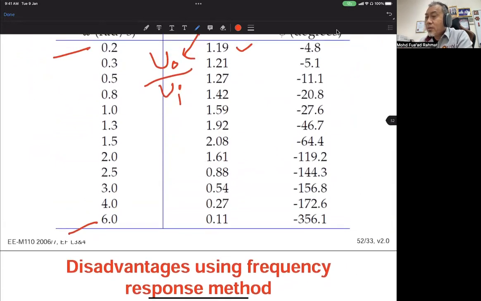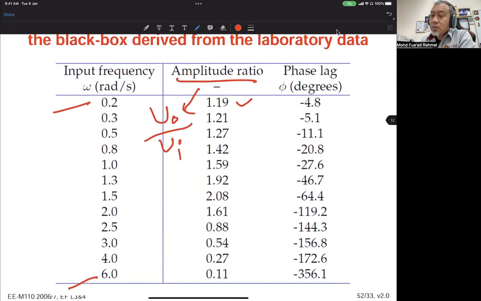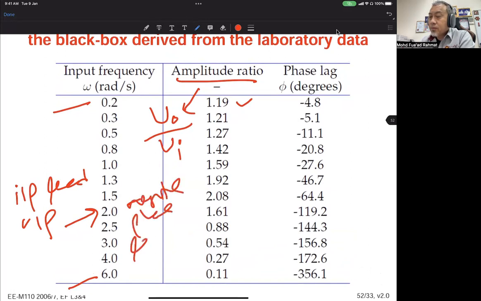Okay, it is because the input leads the output. So that's why you get a negative phase lag. But if the output is leading the input, meaning that the phase lag will be positive. Okay, so phase lag can be negative and positive. Phase lag is negative when the input is leading the output, but phase lag is positive if the output is leading the input.